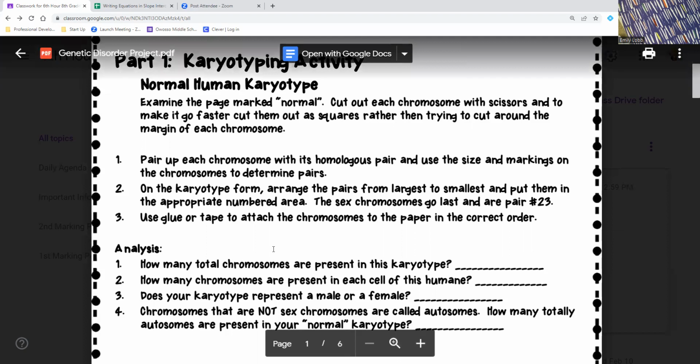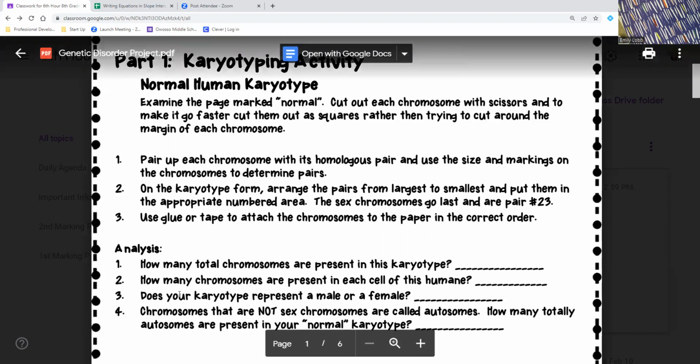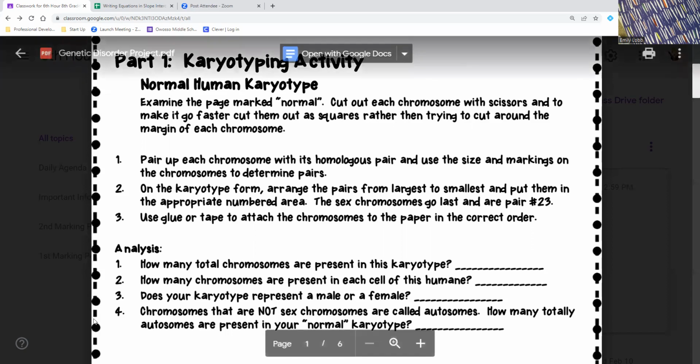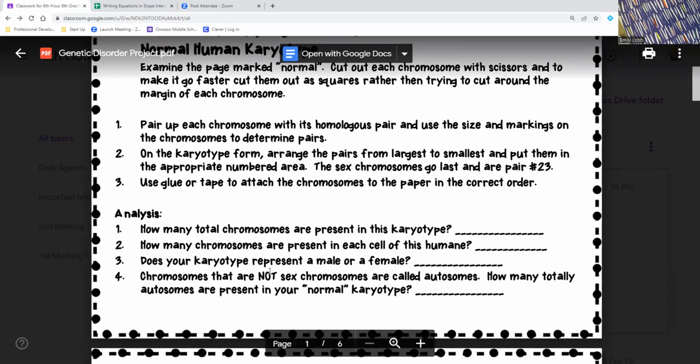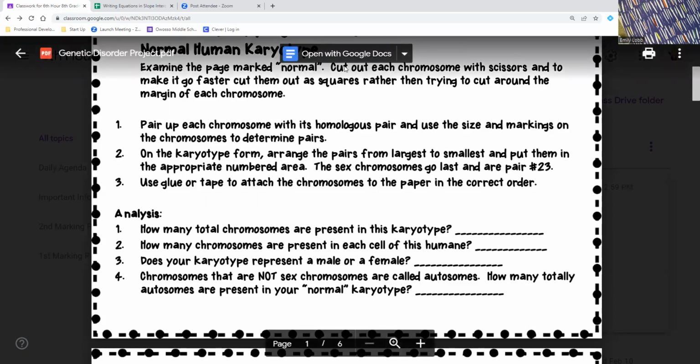So you have to understand how many chromosomes are present in each cell of this human. Does your karyotype represent a male or a female? Chromosomes that are not sex chromosomes are called autosomes. How many total? So think about how many total autosomes are present in a normal karyotype.